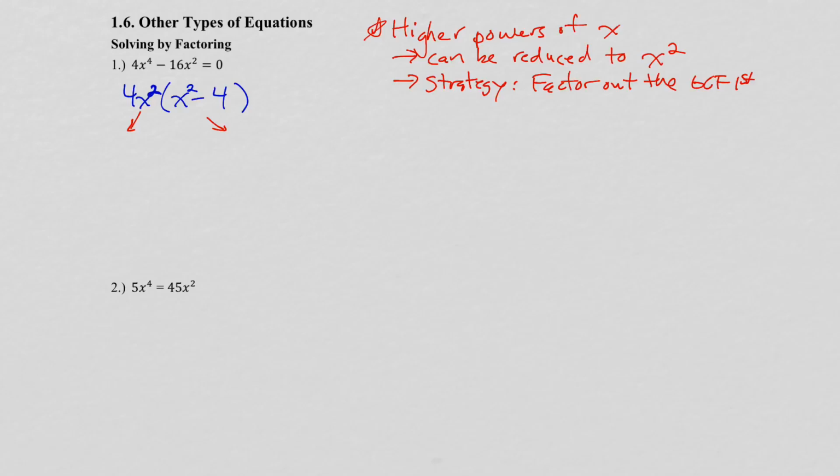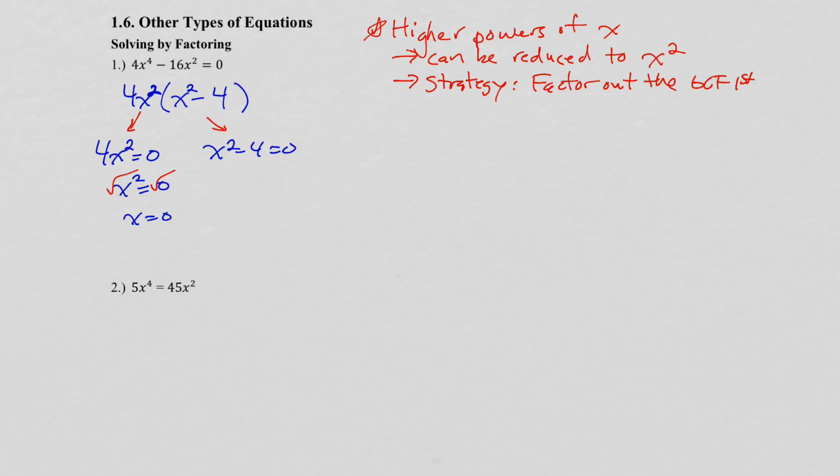Okay, so for both of these, we're going to use the zero product property, which allows us to check the x's that will make each of these factors 0. And so on the left, we're going to divide by 4 and get 0 on the right. Still, take the square root of both sides. And of course, that's going to be 0.